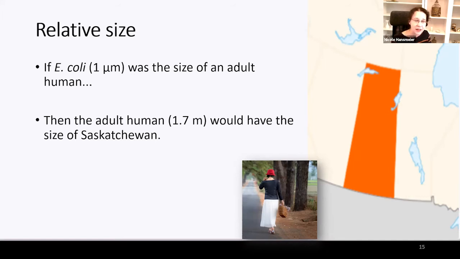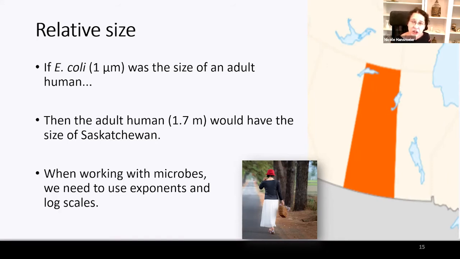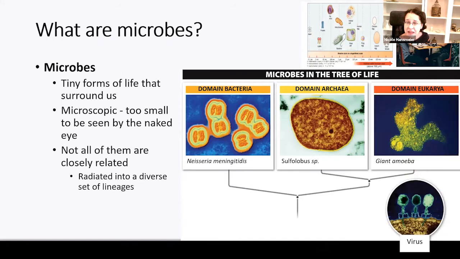And with these big size differences, biology is always working with exponents to show them, and you will come across a lot of log scales for this. So another question is, when we're talking about microbes, are all microbes the same? Are all microbes related to each other? And we can say basically, no, they're not.